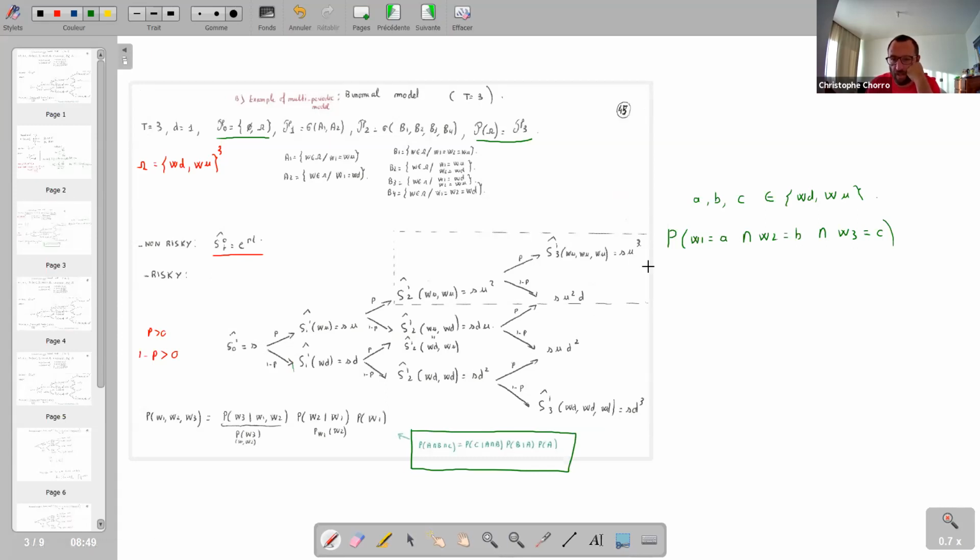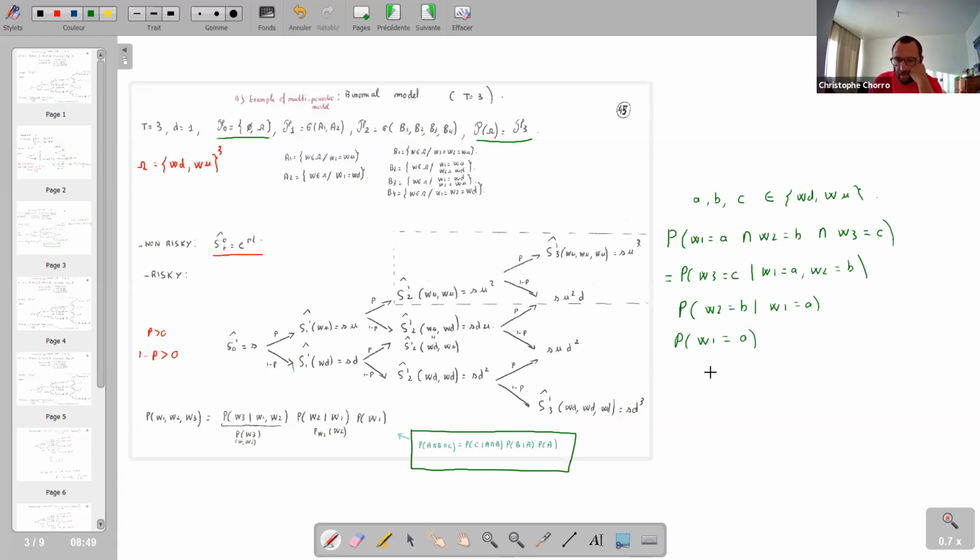I can write it as the probability that W3 is equal to C given W1 equal to A and W2 equal to B, times the probability that W2 is equal to B given that W1 is equal to A, times the probability that W1 is equal to A.